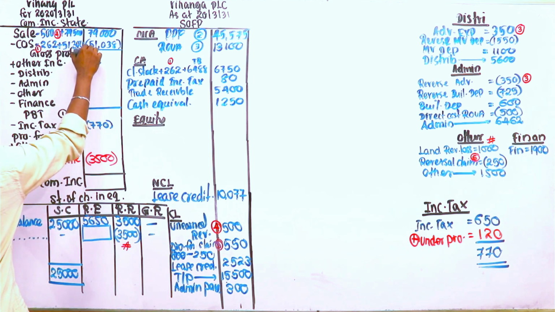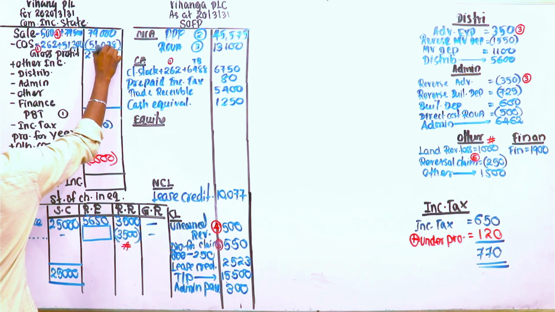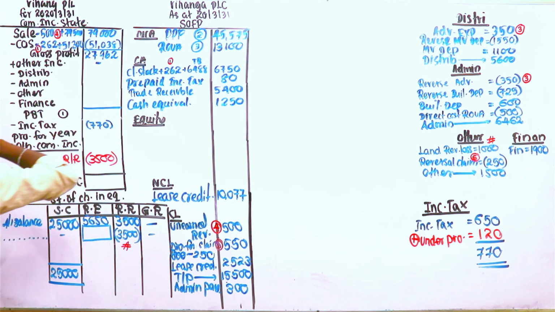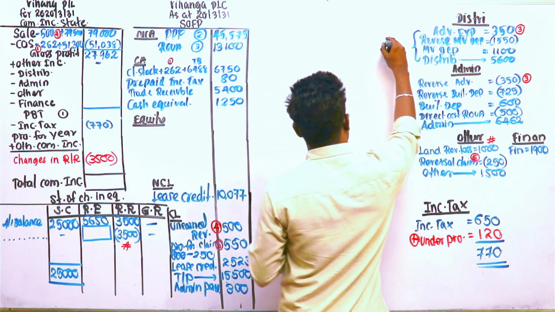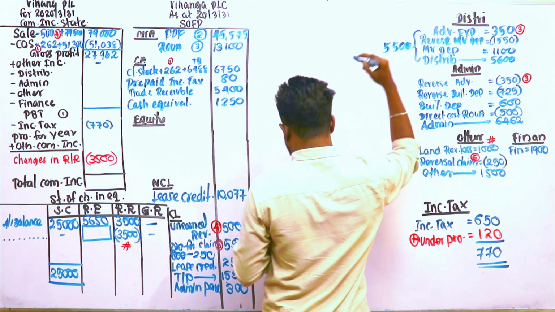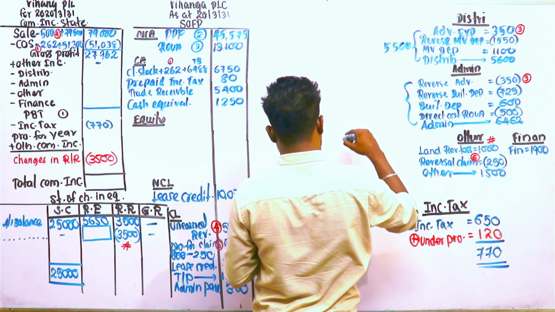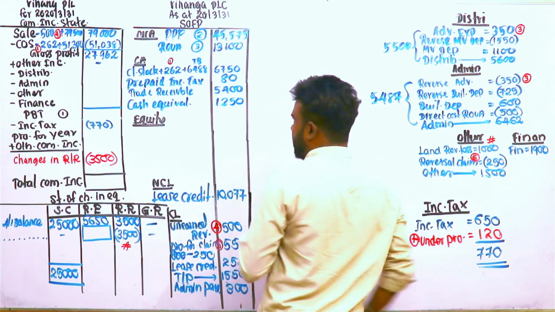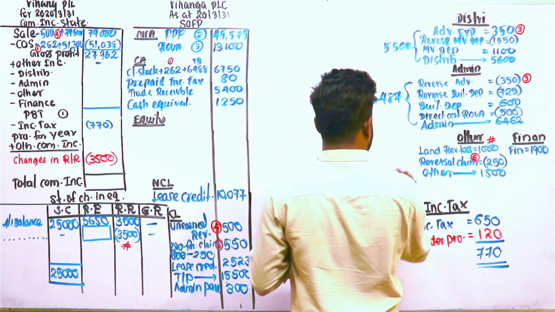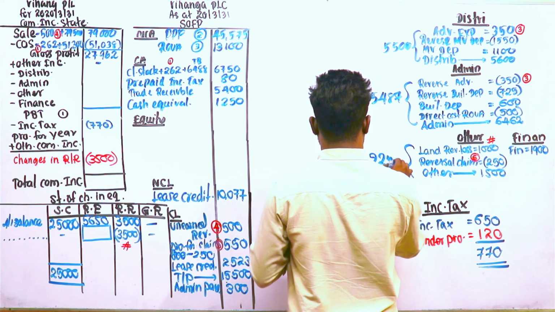Gross profit 27,962. Distribution total 5,500. Correct. Admin total 5,486. No need to record here; record it directly in the face. Other expenses 2,250.